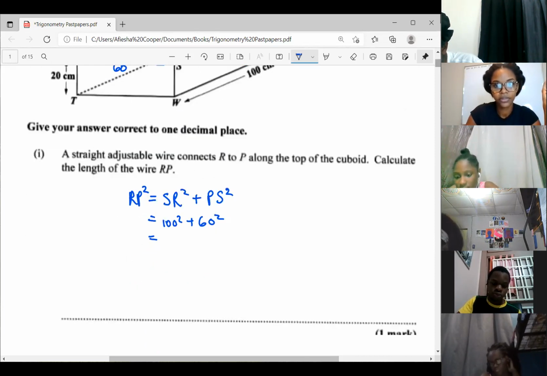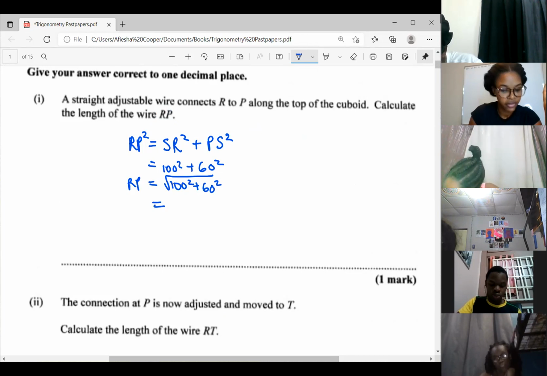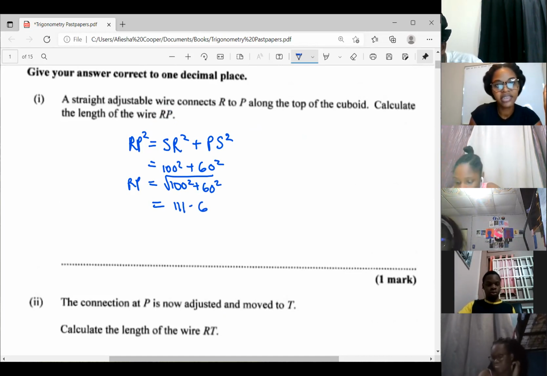And RP would be, of course, the root of that, 100 squared plus 60 squared, which is 116.61 centimeters.